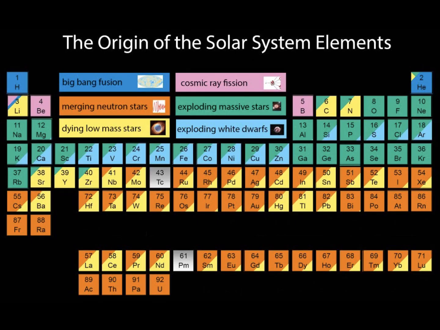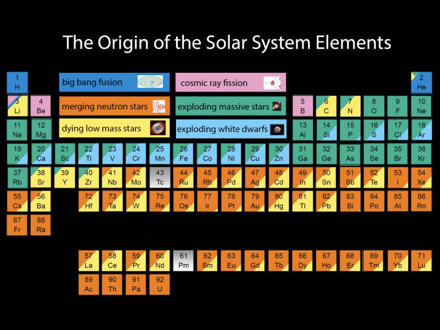So if you look at the periodic table of elements now, and things that were present at the origin of the solar system, or most were. Big Bang fusion produced primarily hydrogen and helium, not much else.